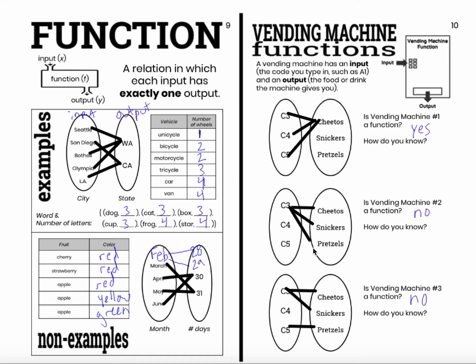There is not a predictable relationship between input and output. This is not a function. Similarly, the one down here where I push C5 and always get pretzels, that's great. It would still be a function if that were the only relationship within my vending machine. But here, C3 again is still broken. Cheetos, Snickers, not a function.